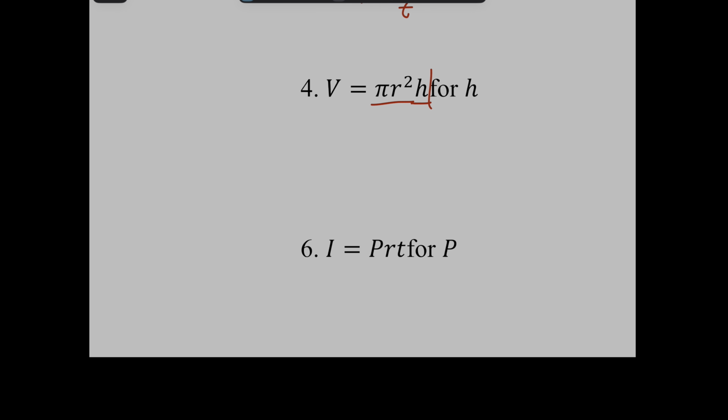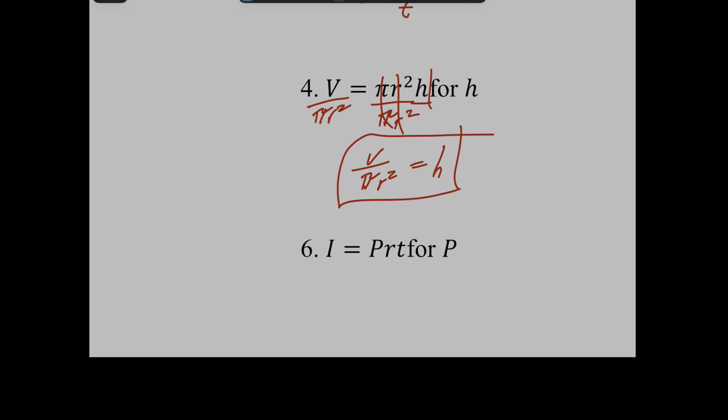Sorry about that. We want to solve for h. Well, everything's multiplying by the h, so I'm just going to divide everything, and yes, I can do it in one step. Then they cross out, and I'm left with my h all by itself. So I get V over pi r squared equals h. Boom, boom, boom, boom.